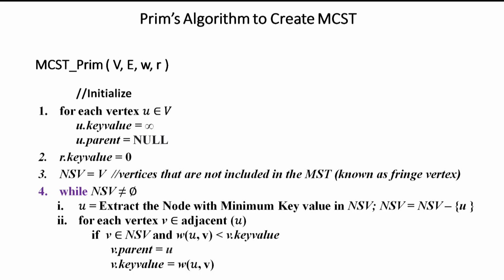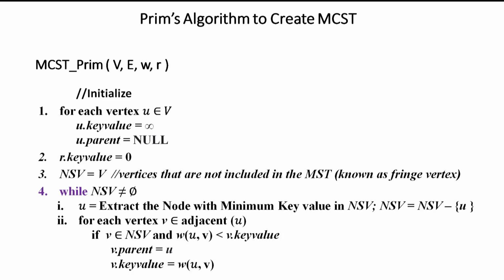Initially we retrieve the root, and thereafter we retrieve the next node based on the weight factor. That is, we extract the node u with the minimum key value in NSV. So from the fringe nodes, the nodes not already included in the minimum spanning tree, we select a vertex and remove it from the set of unvisited vertices, and then we check the cost.